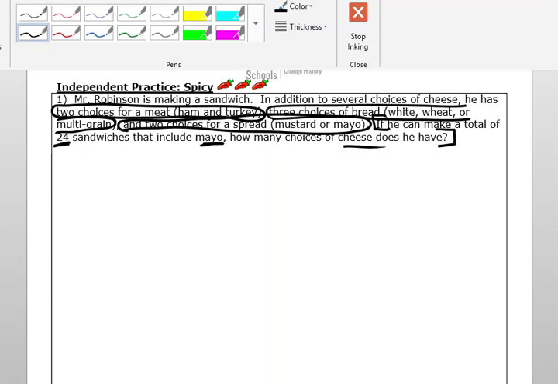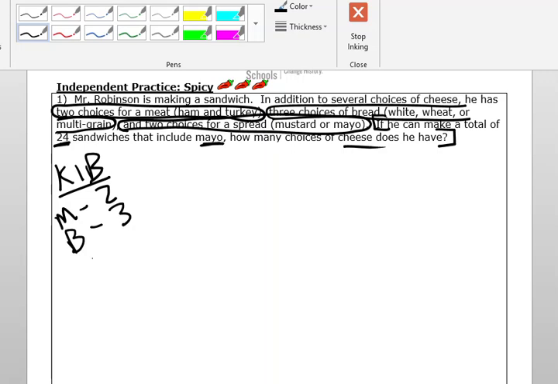Okay, so Mr. Robinson, he's making a sandwich. All right, I want to do a key information box here. So I have the meat event. There are 2 choices. I have the bread event. There are 3 choices.